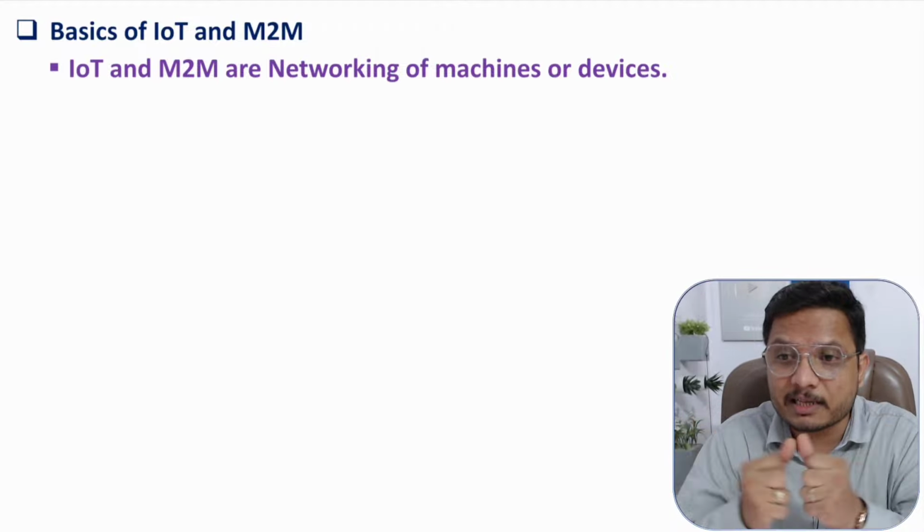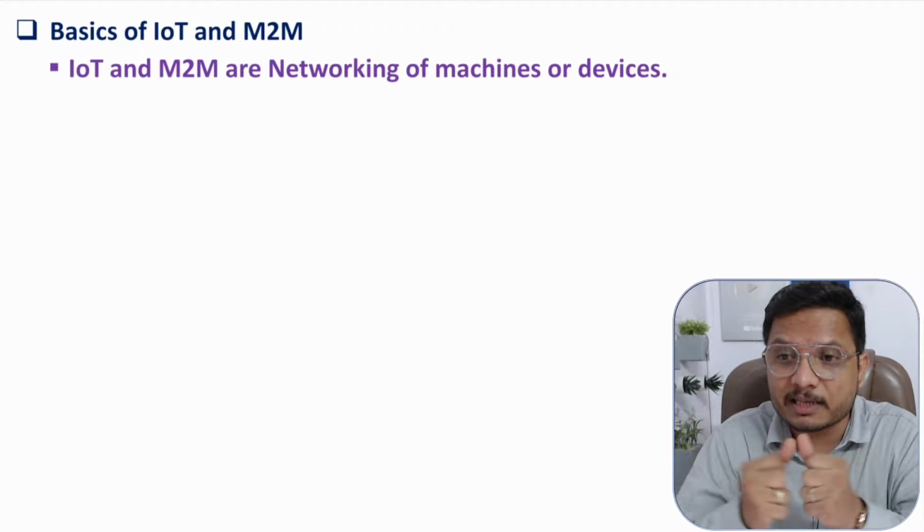Let us first understand the scope of IoT and M2M. In M2M, we have direct communication and direct data exchange between devices. Two machines can forward data to each other, and based on that there can be interaction between two machines. M2M involves a closed network or dedicated communication channel.